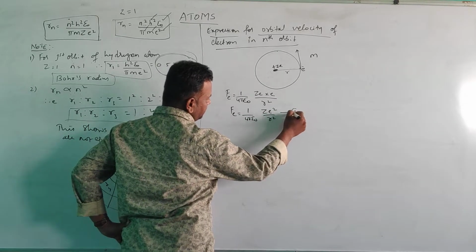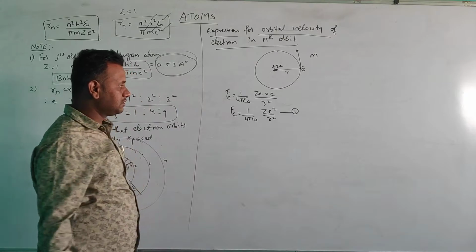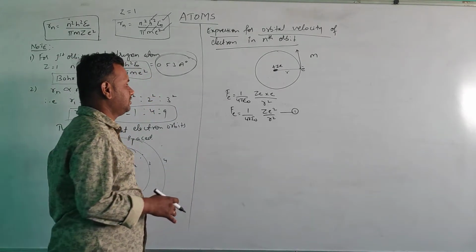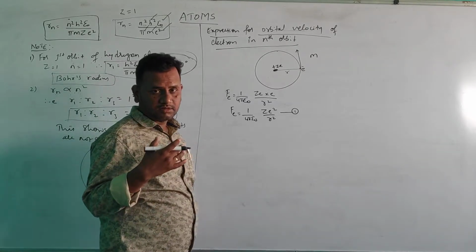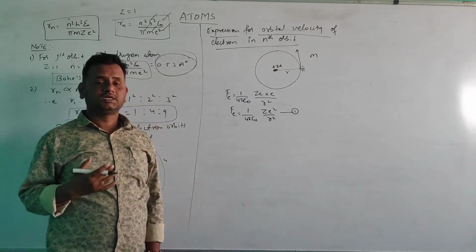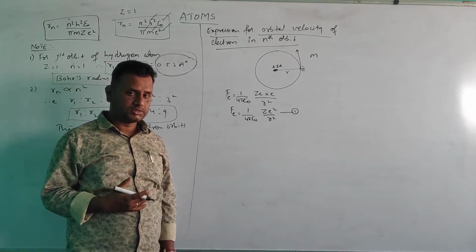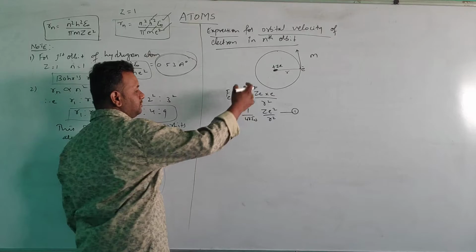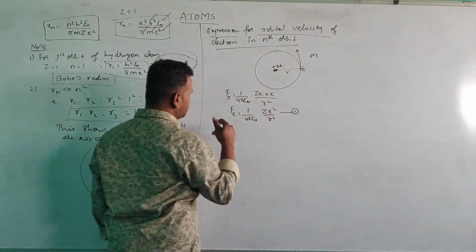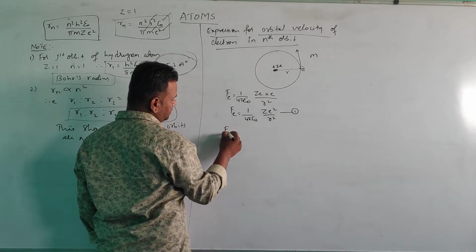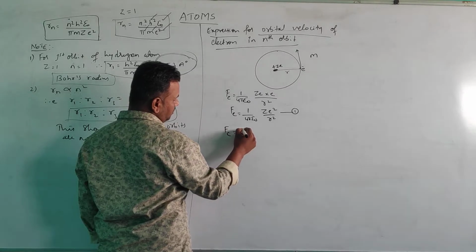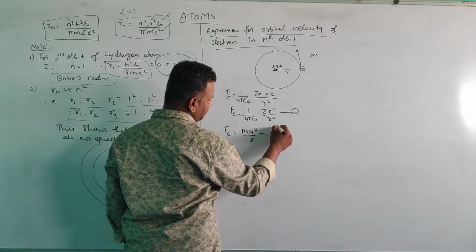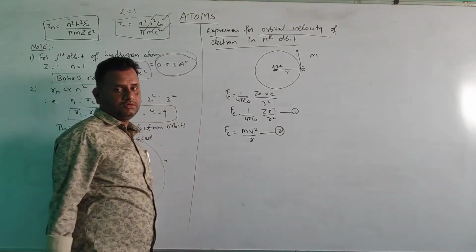Let's take this as equation number 1. This provides the centripetal force required for the electron to revolve around the nucleus. That centripetal force is Fc equal to mv square divided by r. Let's take this as equation number 2.